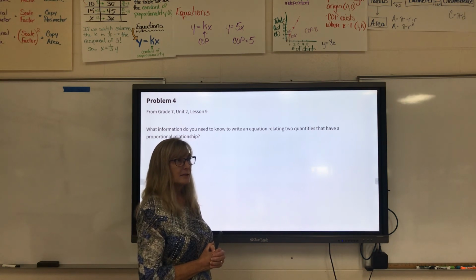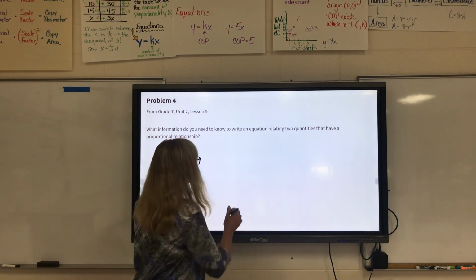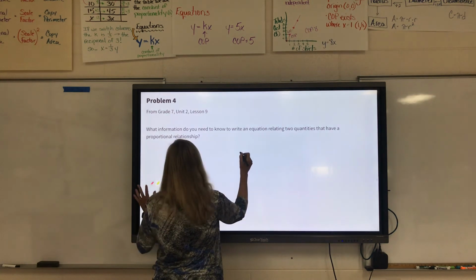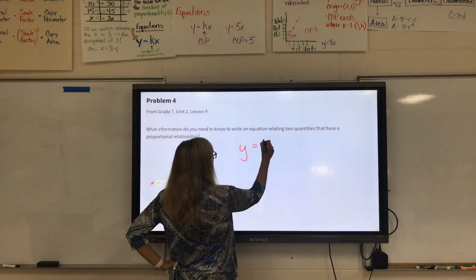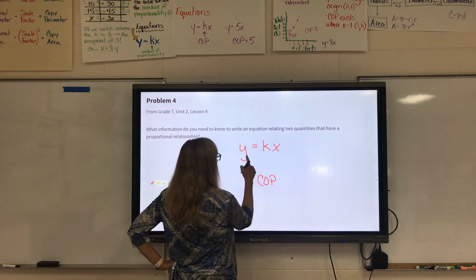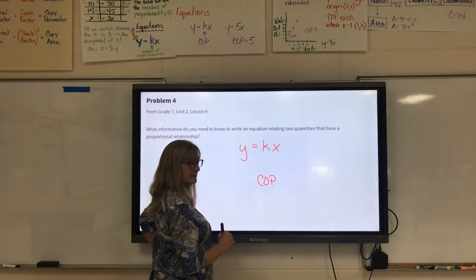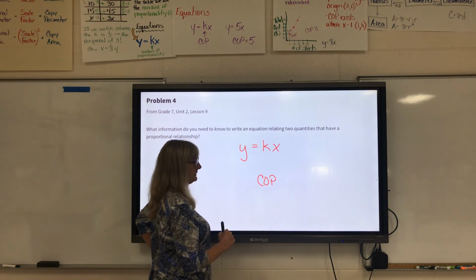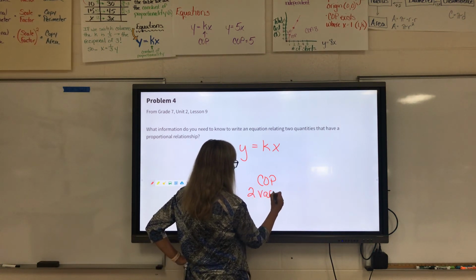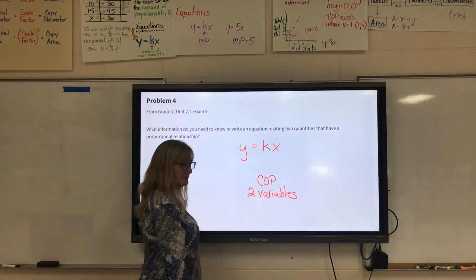It would have to be in y equals kx form. Okay, so it needs to be in y equals kx form. So what are we going to need? We're going to need a constant. Okay, what are x and y called? Variables. We need 2 different variables. Okay, what else do we need?